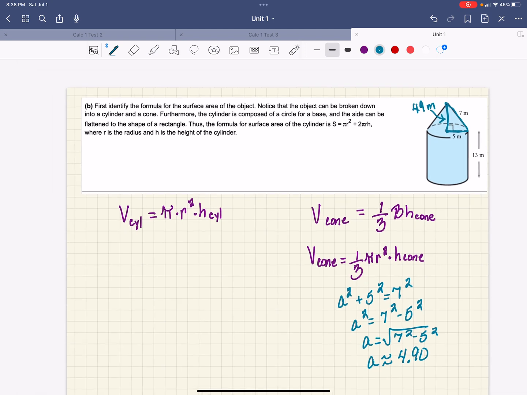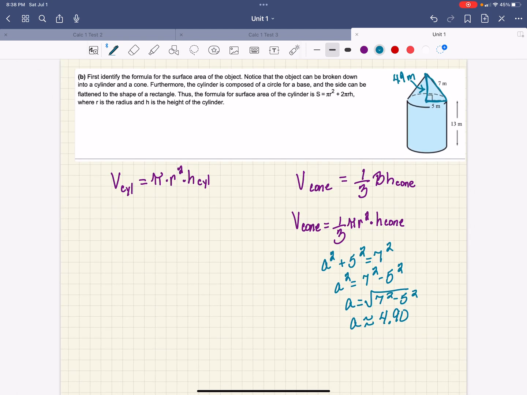Okay, so now we've got enough information to solve this. My volume is going to be pi r squared times the height of my cylinder plus 1/3 pi r squared times the height of my cone.